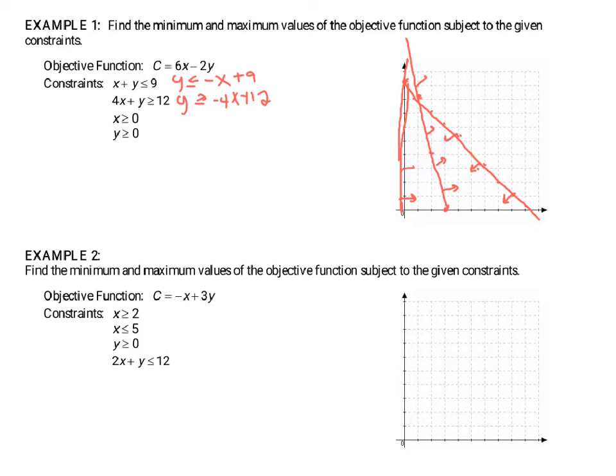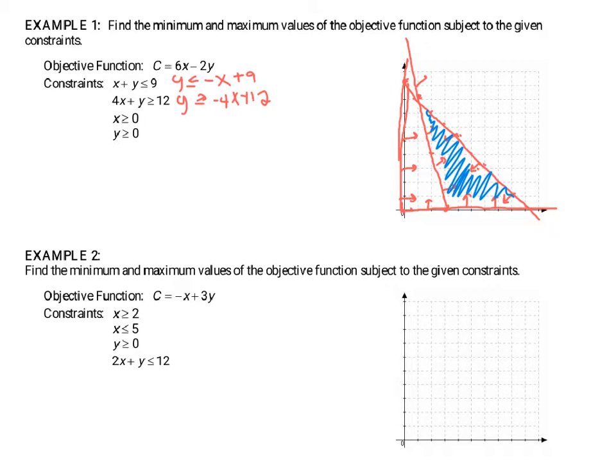And it's greater than, so I would be shading to the right. And I also have y is greater than or equal to 0, which is the horizontal line along our axes. And it was shaded above, which means that my overlapping shaded region would be this triangle right here.